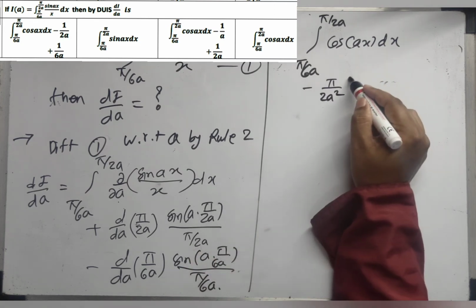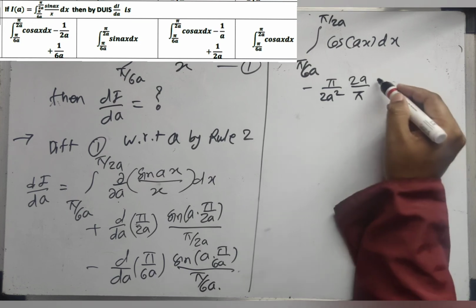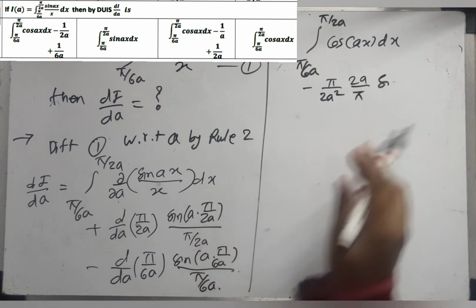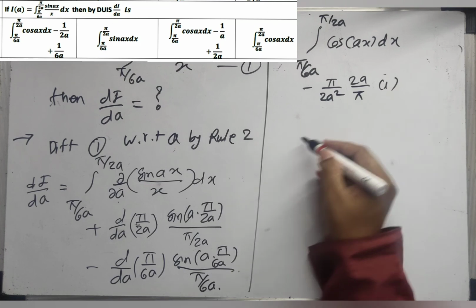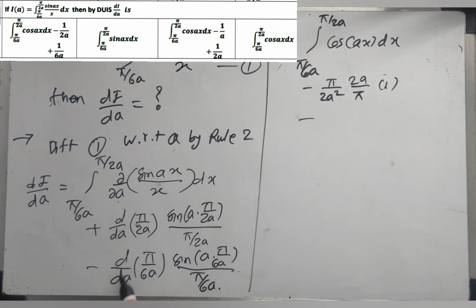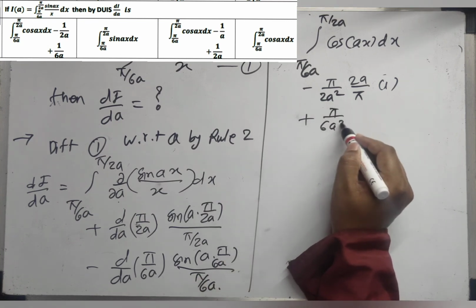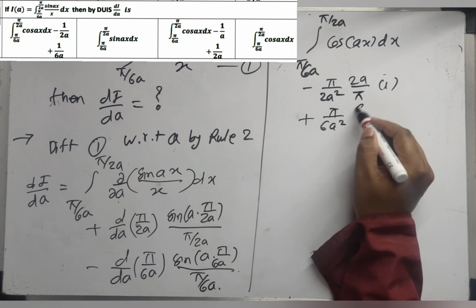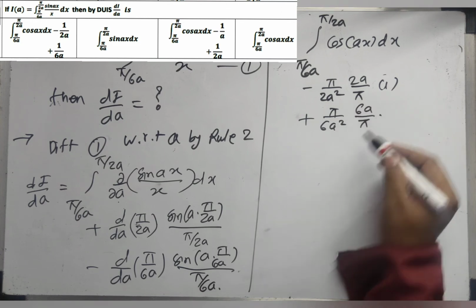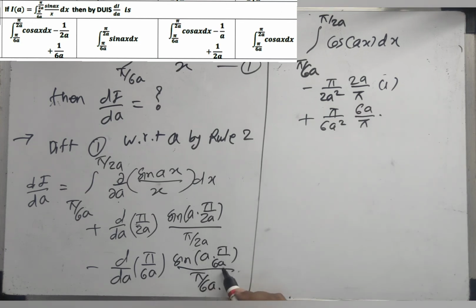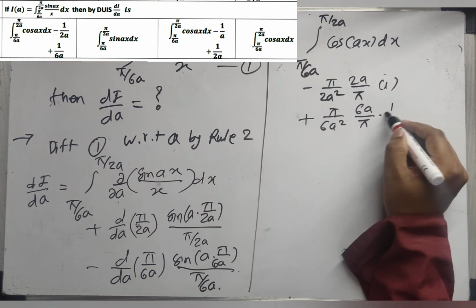This will get inverted, means 2A upon pi, sine of A cancels, sine of pi by 2 is 1. Next, minus d by dA of this pi by 6A, derivative is minus pi by 6A square, so minus plus pi by 6A square. This will get inverted, means 6A upon pi into sine of this A cancels, sine of pi by 6, sine 30, that is 1 upon 2.